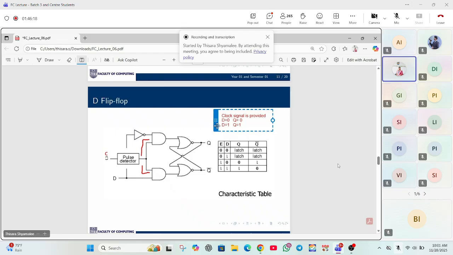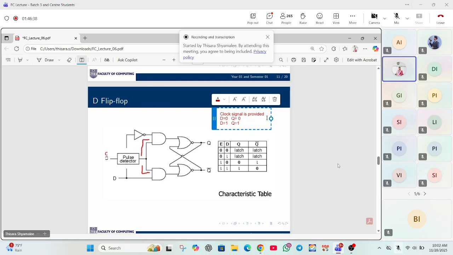So when the clock signal is provided, then D equals 0, then Q equals 0. Can you put that question in the chat box? Then I will go.